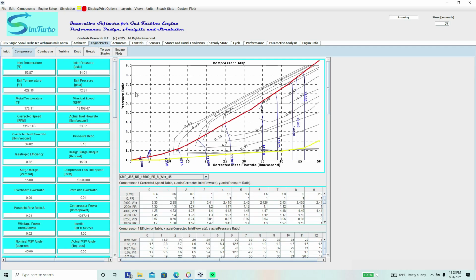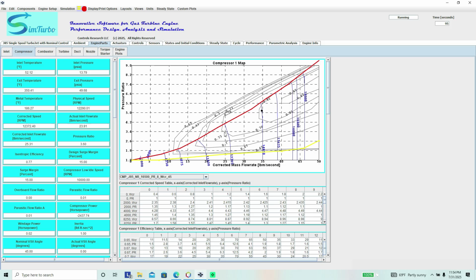The compressor map, so then the compressor operating point, we went through a transient there where it was going back and forth, but now we're basically at steady state of 15% surge margin. So we're in good surge margin of around 15%, and it just changed again the operating point.